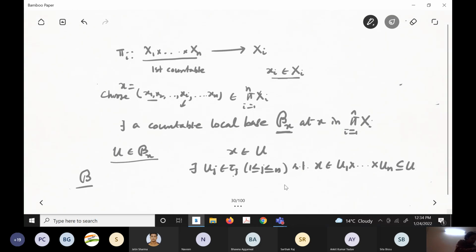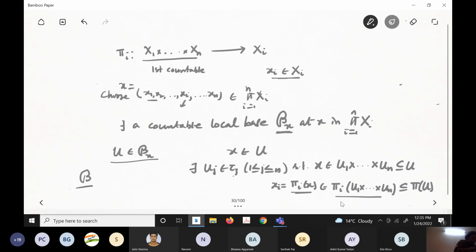Now if you take pi I of X, pi I of X is precisely, exactly xi.